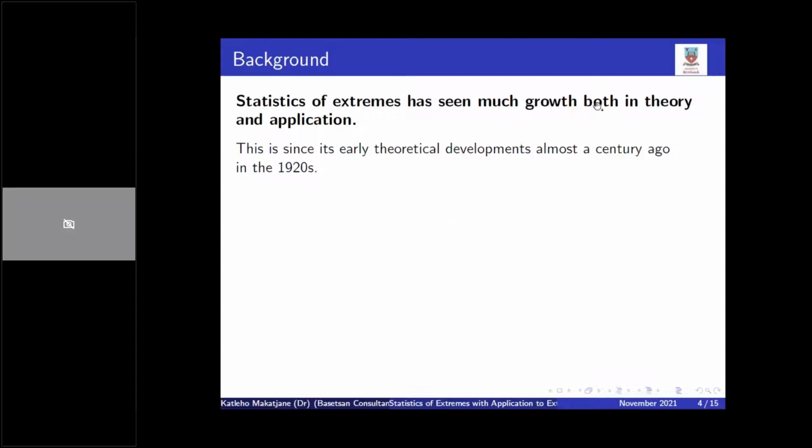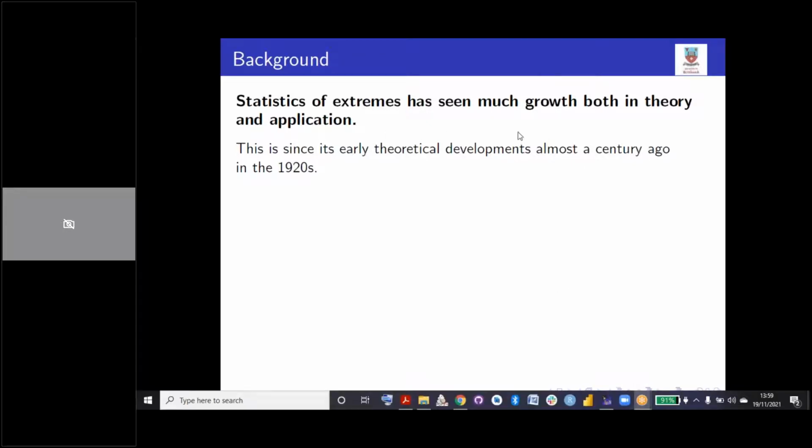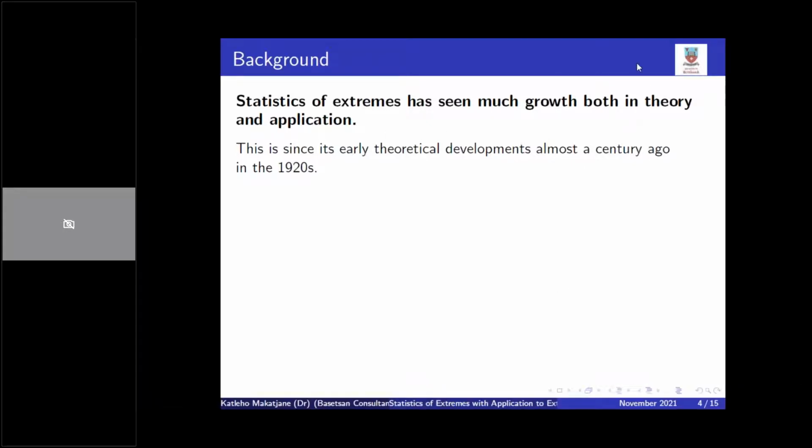Now, the statistics of extremes is all about the use of extreme value distributions, and in this case I have applied extreme value distributions to the production of glass containers.